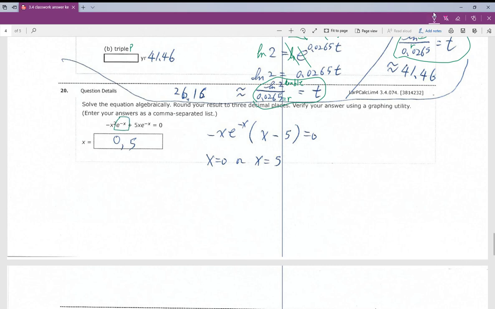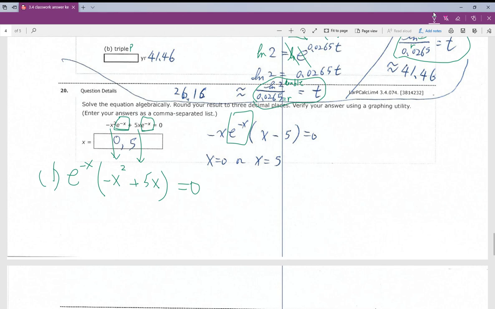At least the first common factor is that. So I pull out the common factor e to the negative x, then I copy down the leftover: negative x squared plus 5x equal to 0. So this is my first step.